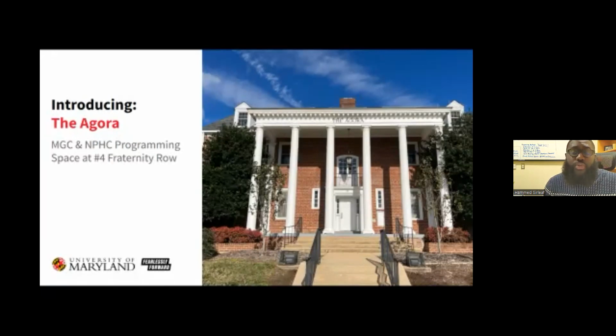There are 4 floors full of classroom space, meeting space, office space, and programming space, so that these students can have events, socials, or whatever they would want to have that they couldn't get anywhere else, because they may have to pay for a room in the Stamp Student Union, for example.